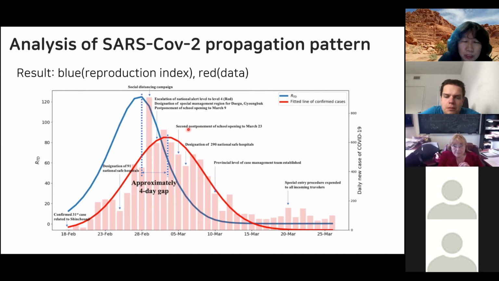In other words, it was confirmed that clear scenarios that can explain the increase and decrease of the reproduction index can be identified, and scientific review can be conducted on the effectiveness of the quarantine policy by comparing these graphs.